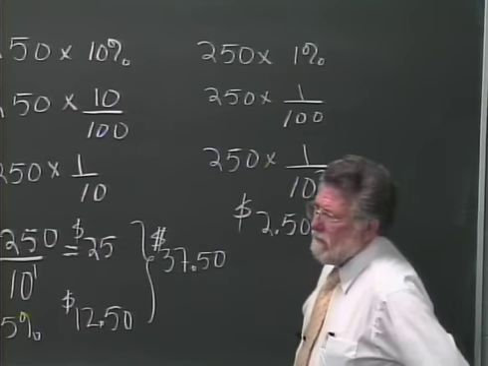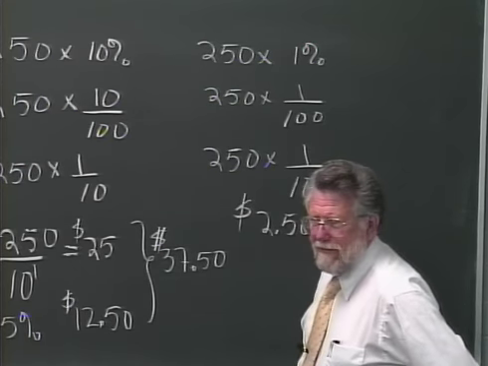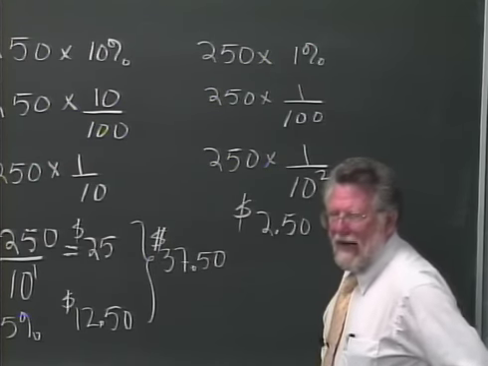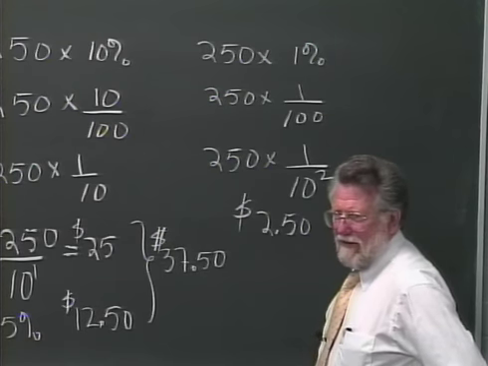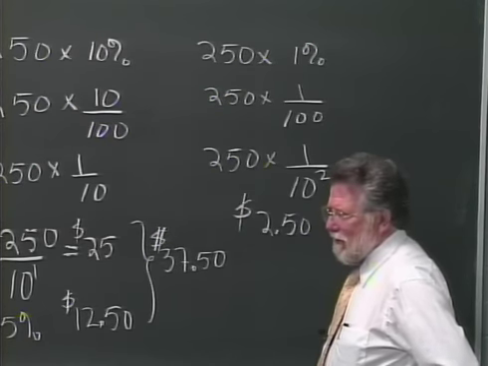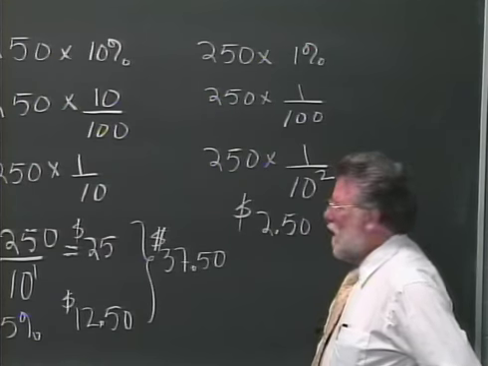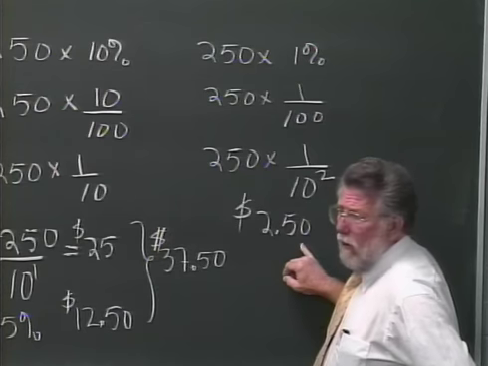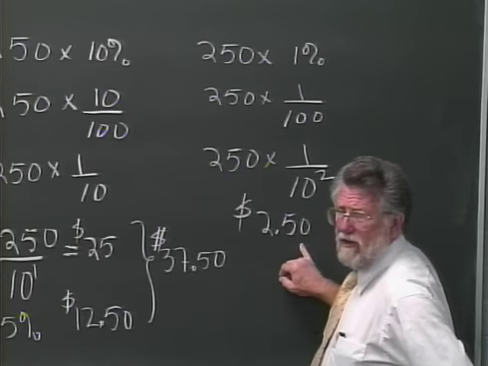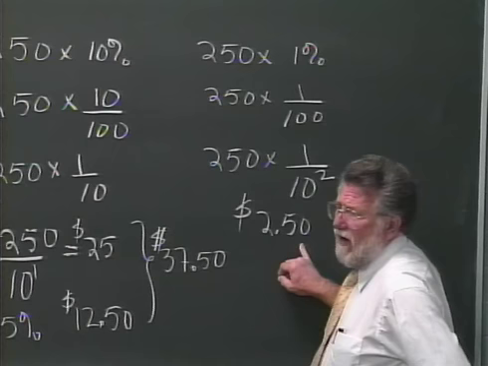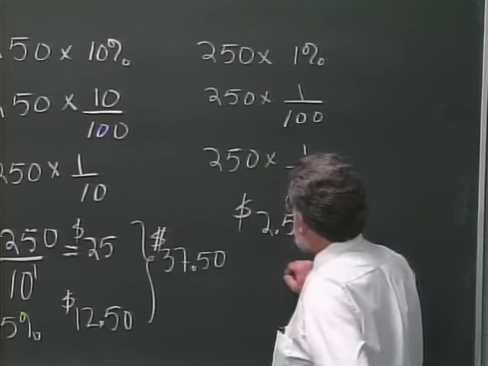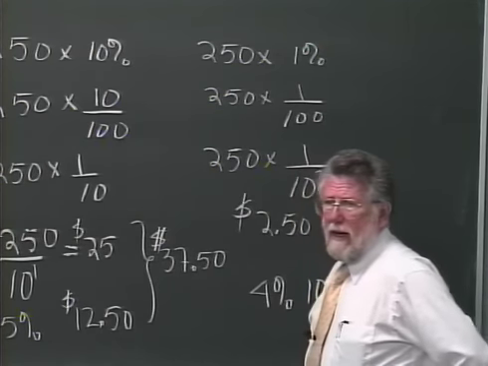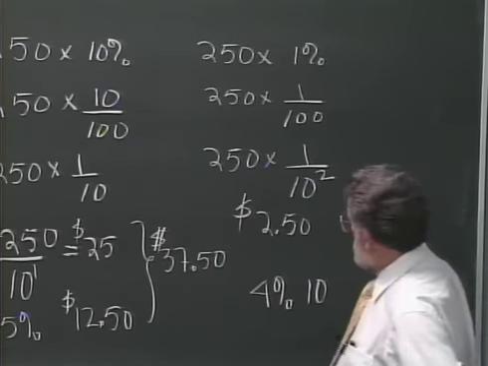So what is 4%? 1% is 2.5. What is 4%? 1% gave me 2.5. 4% is 4 times as much. 4 times 2 is 8, and 4 times 0.5 is 2. So 4% would be $10.